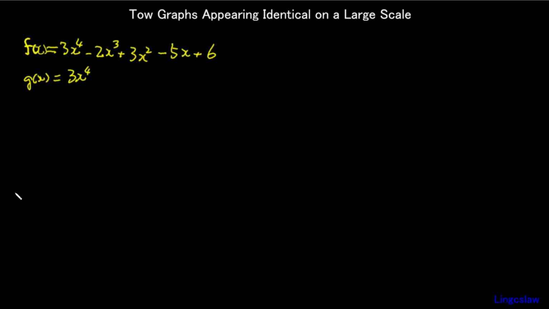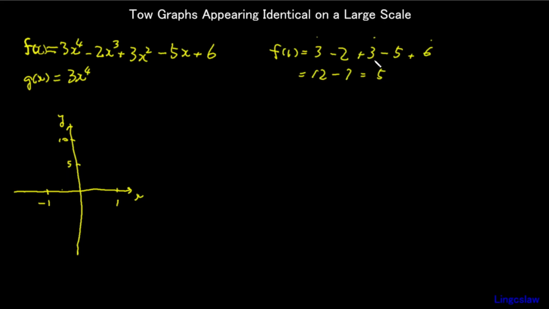Let me explain this one. The graph will be something like this. f of 1 equals 5. And f of minus 1 equals 19.